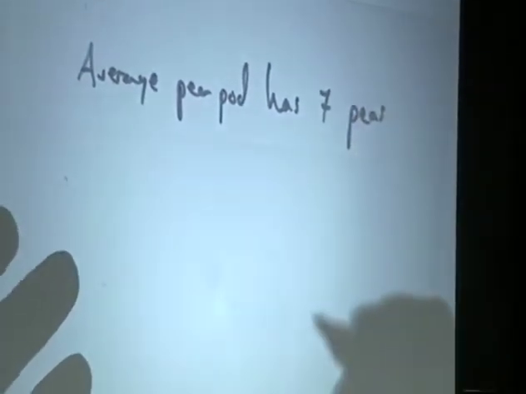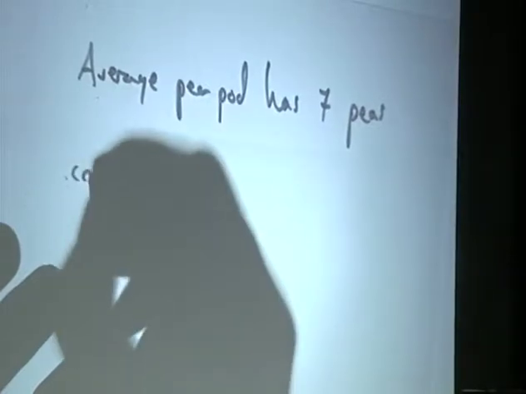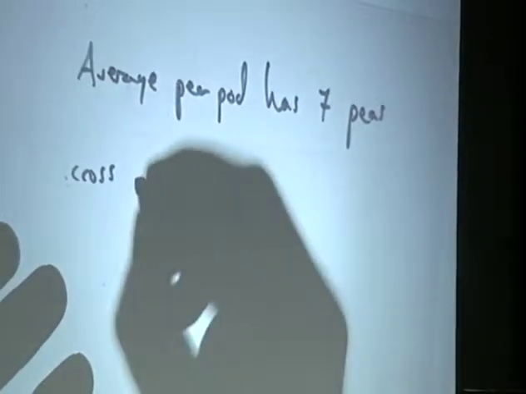Okay, here's another fun one. Let's suppose that the average pea pod has 7 peas in it. And let's suppose that we cross F1s from a round times wrinkled parental cross, and we'll indicate that those parents were true breeding.